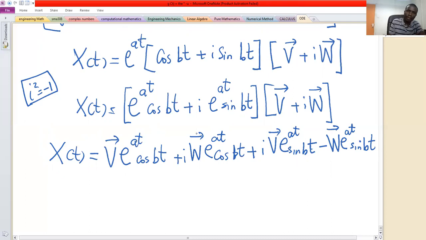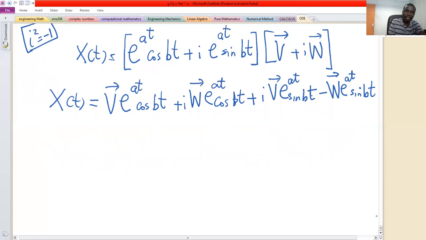Now collecting real and imaginary parts, x of t will be: this real part, v e raised to the power a t cosine of b t.